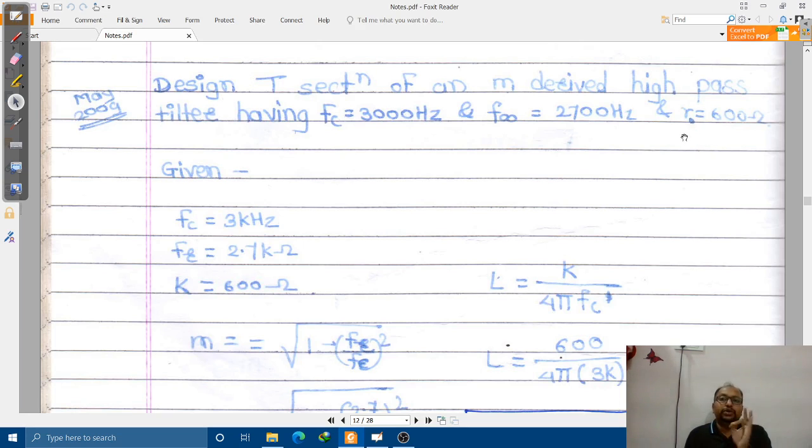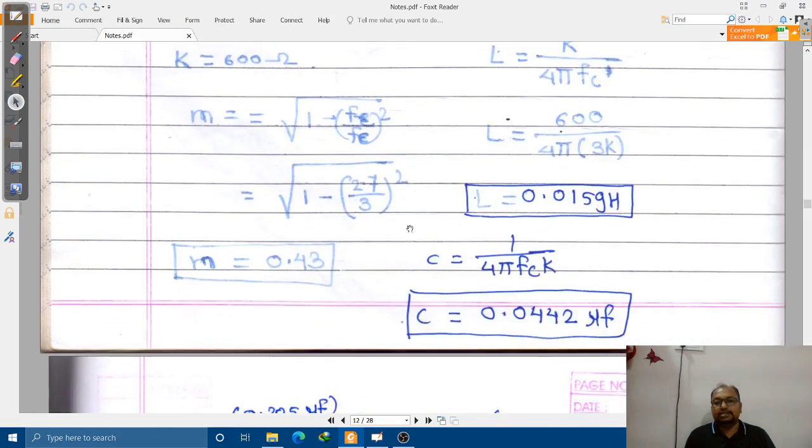R0 is your design impedance or nominal impedance, or characteristic impedance, right? So that is your K actually. Got it? So this is your K. This is your FR. And you know this, it is the cutoff frequency. So solve this and send it as an assignment.